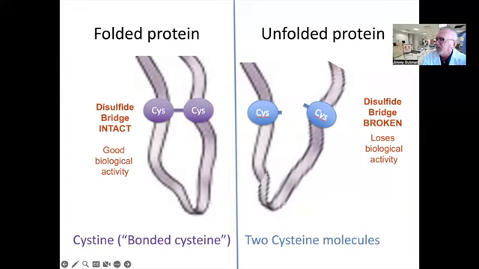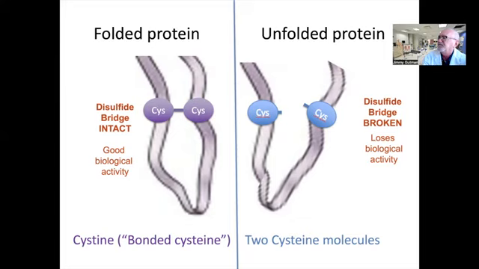In other words, bonded cysteine is cystine. On the right, the protein is unfolded and the disulfide bond is broken. This allows the cysteine molecule to become oxidized and loses potency as a glutathione precursor. Again, not easy to grasp at first, but you may want to replay this section of the video at a later time.